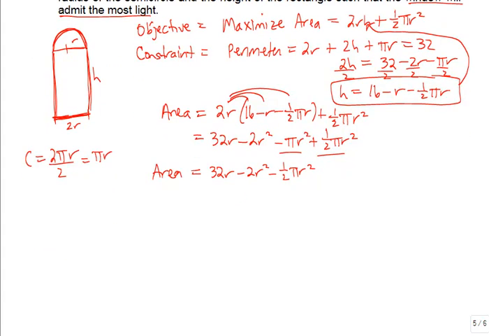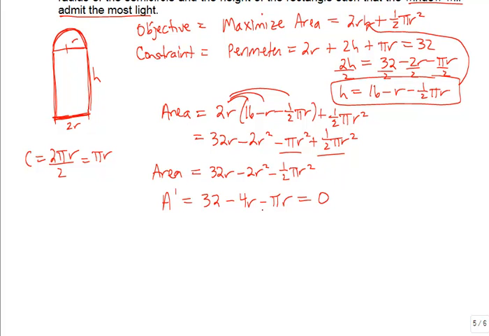Now we're ready to go ahead and find our critical points. So area prime will be 32 minus derivative of 2r squared is 4r. And when I bring down this 2, it'll cancel out the 1/2, just giving me a minus pi, and the power on the r goes down to 1. Now this is actually a linear equation because it's just r to the first power. So it will never become DNE, but it will equal 0.